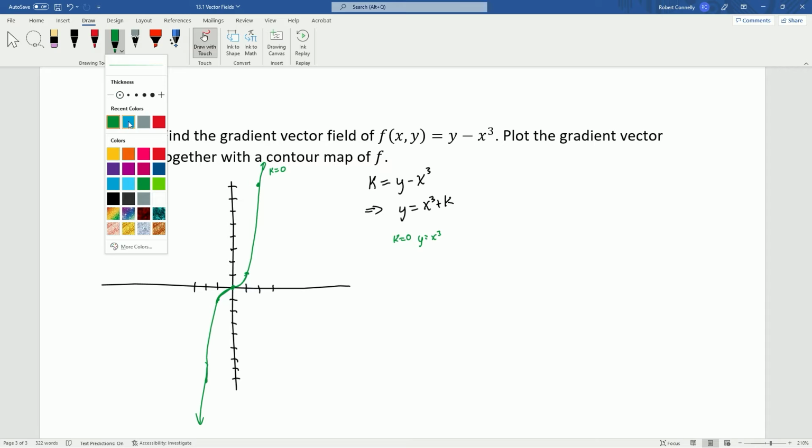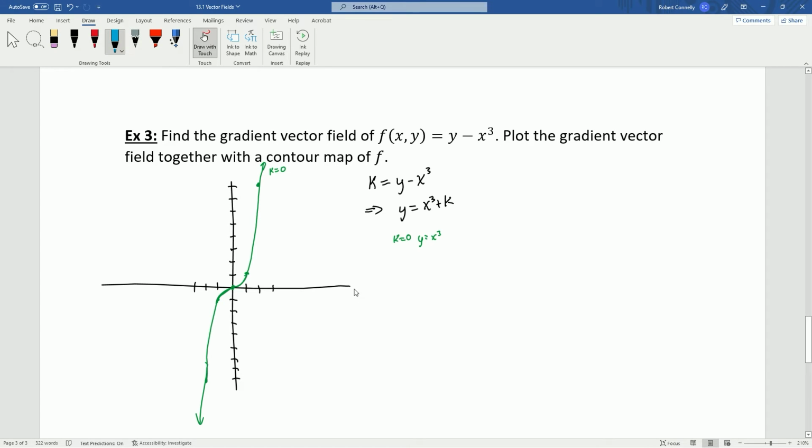So let's look at just a couple different values here. If k equals 1, that's just going to shift this graph up 1. So keep in mind, what does this mean? The k equals 0 curve is the x and y values where the function equals 0.